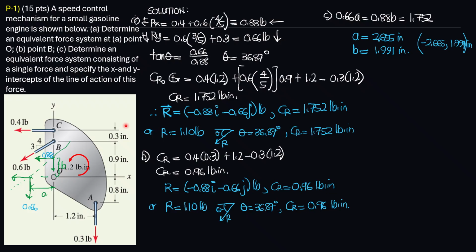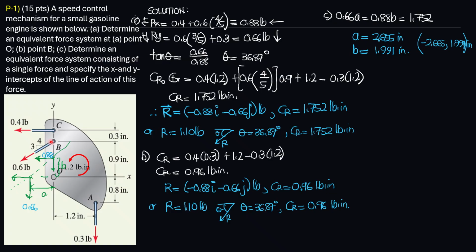Then the couple about O, considering counterclockwise positive. So this is counterclockwise, 0.4 times 1.2, 0.3 plus 0.9. Then the horizontal component of the 0.6 pound force is going to the left, so its moment about O is also counterclockwise.